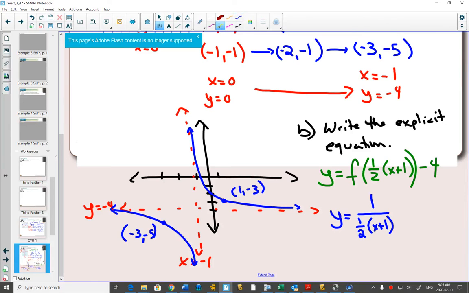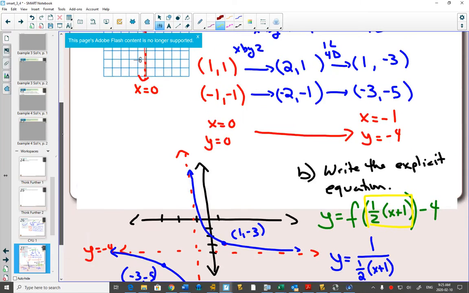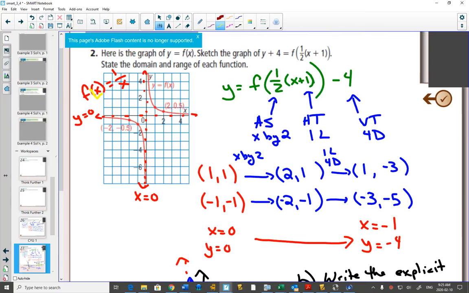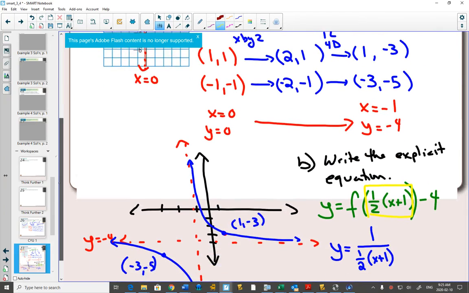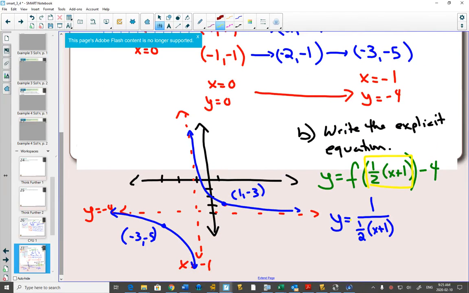Can you see that this part is now inside the function? And so it replaces, right? Here's your original function. It was just an x inside the function with an x on the bottom. And now we replace that with a 1/2 x plus 1, so that 1/2 x plus 1 goes on the bottom. Can you see the minus 4 is outside of the function?